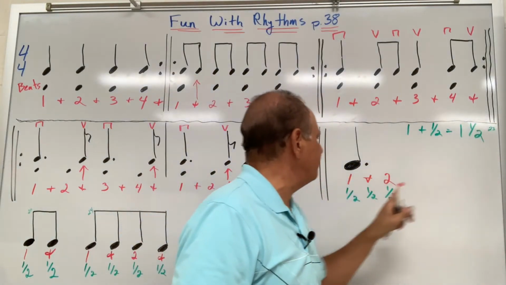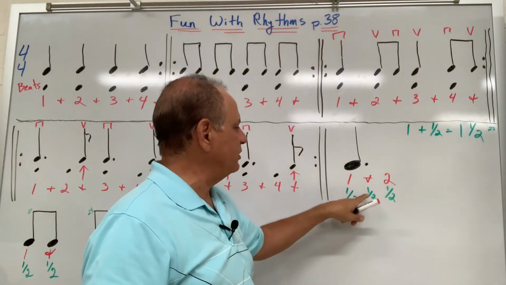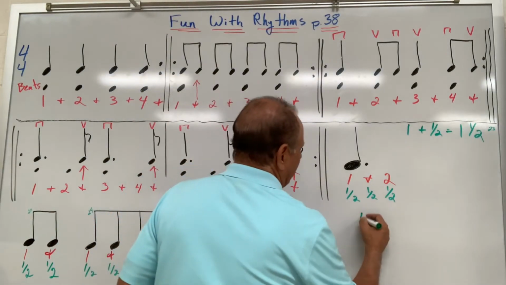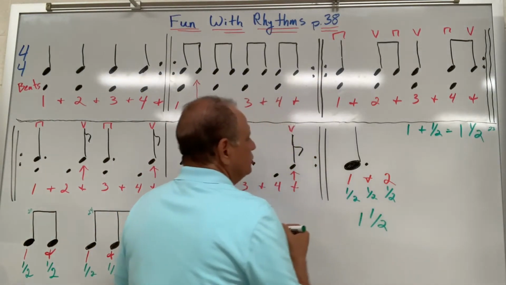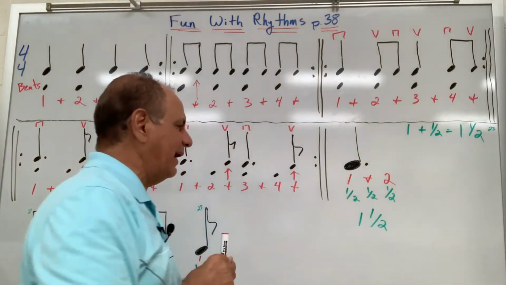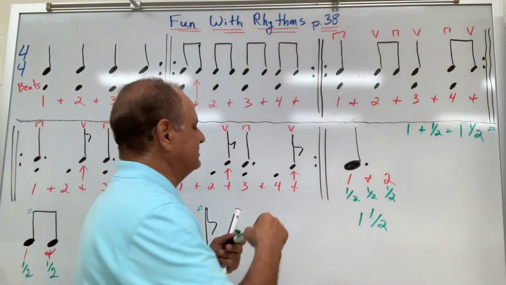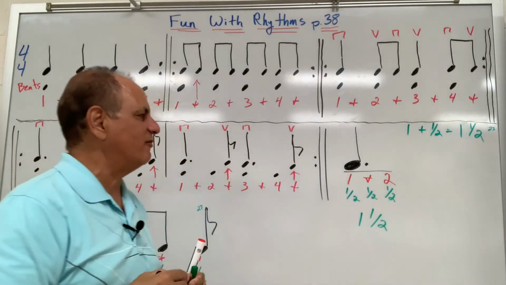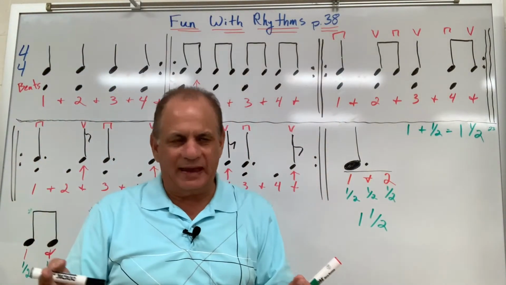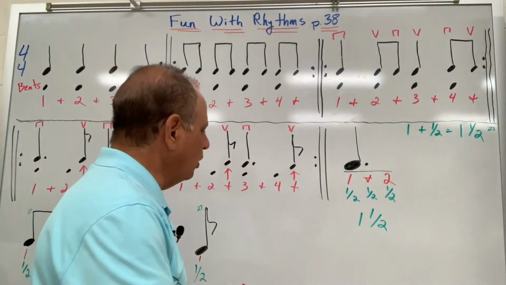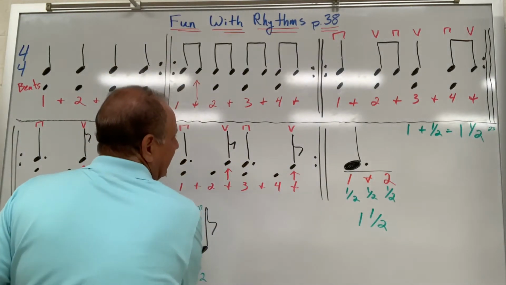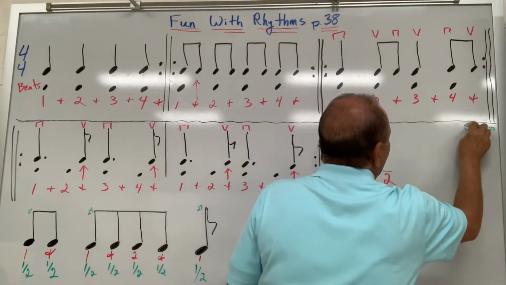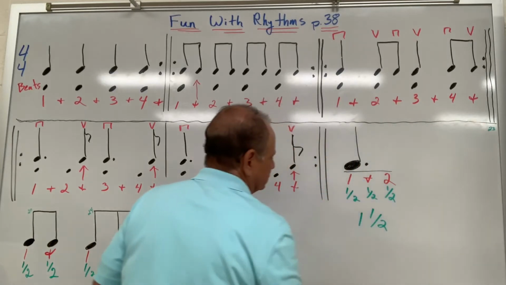So does that add up to 1.5? Half plus a half is 1, plus a half is 1.5. That's 1.5 right here. So now we don't like just having a note be 1.5. We want 2 complete counts, okay? So now what must we add to 1.5 to make 2 complete counts?